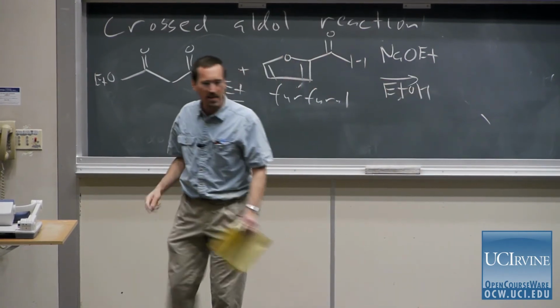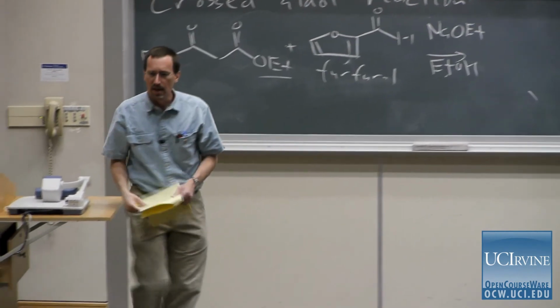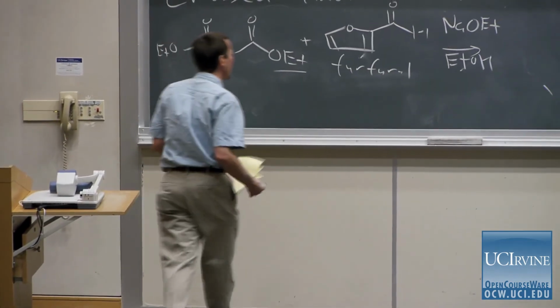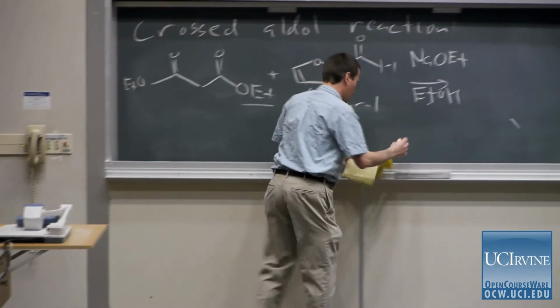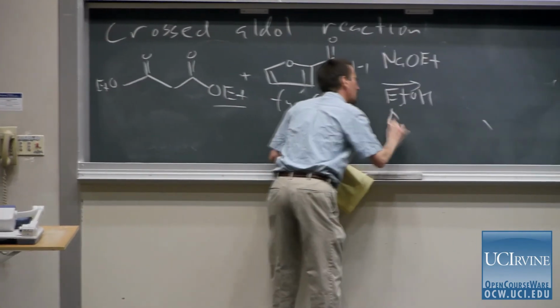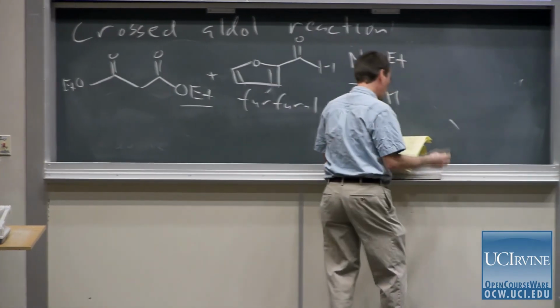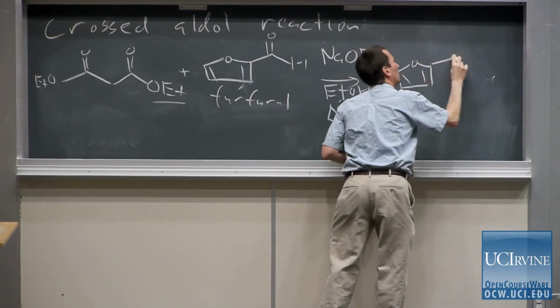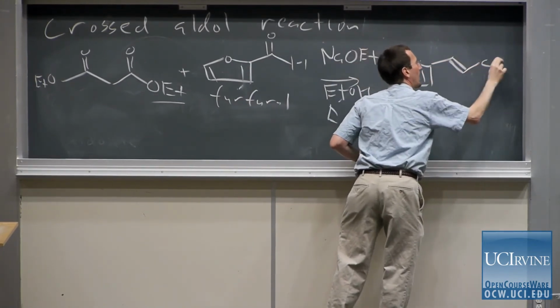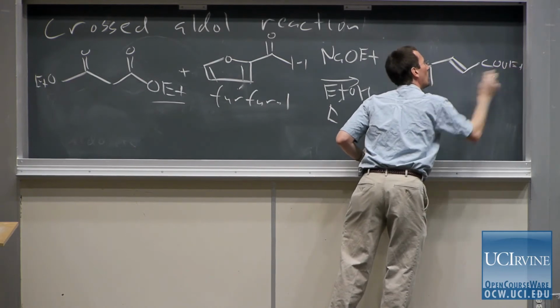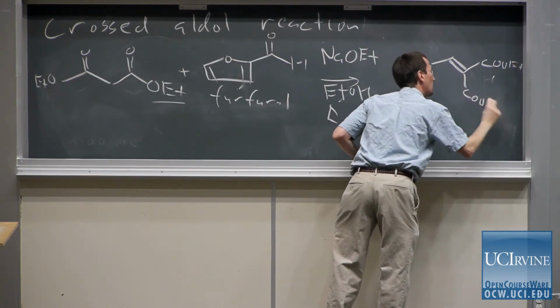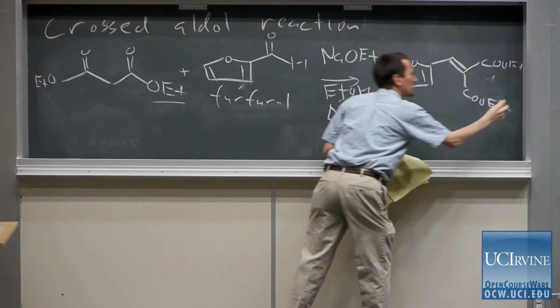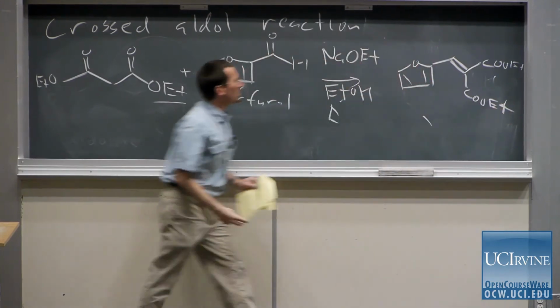You can just make it by throwing sodium metal into ethanol. Very easy base to make. Heat it up. If you like, I'll write delta here just to show you can heat it up. And even though this looks very different, it's all the same principles we just saw.